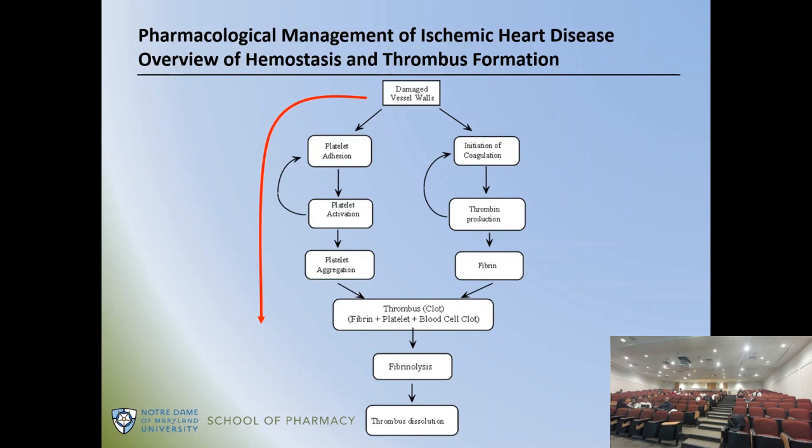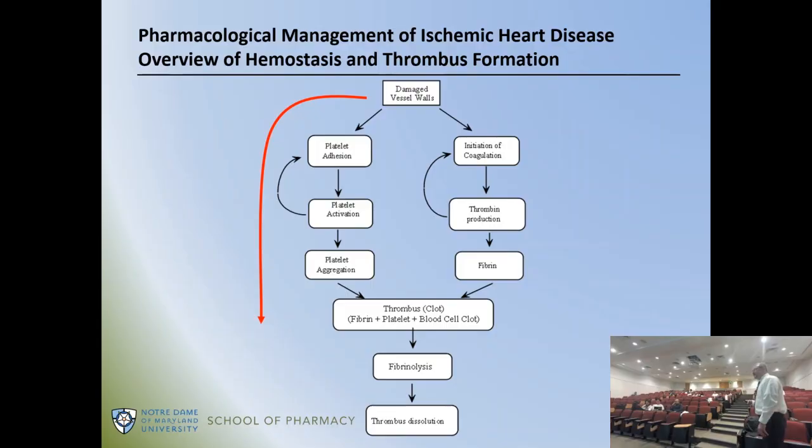We have platelet adhesion, platelet activation, and aggregation. This is a very dynamic process, and it helps to visualize what's going on, and we'll go through that in a minute. That is one part, in many cases, of a thrombus or clot, especially in your arterial circulation.